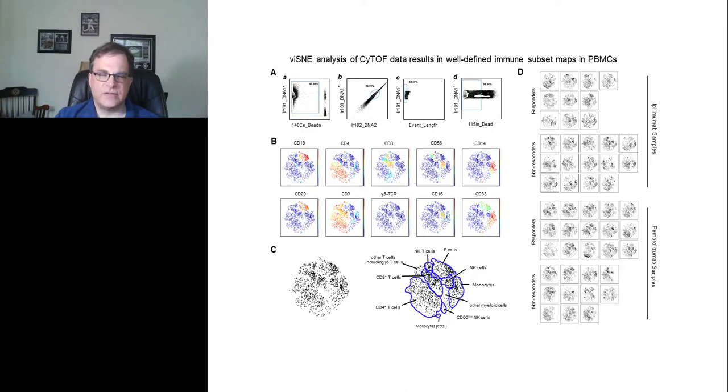In doing so, instead of having 8, 10, or 12 colors with flow cytometry, we can now do scores of markers with the same samples. What we're interested in for CyTOF is to look at the peripheral blood of patients before treatment who received anti-PD-1 alone or anti-CTLA-4 alone, to see if there's anything predictive in terms of the priming immune system or other aspects that could be predictive of outcomes.